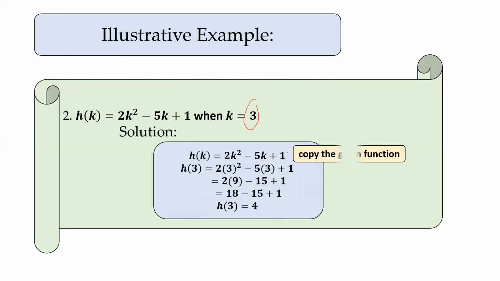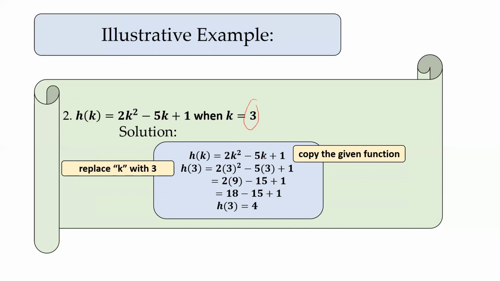Let's copy first the given function: h of k is equal to 2k squared minus 5k plus 1. Then we will replace the k with 3. That would become h of 3 is equal to 2 times 3 squared minus 5 times 3 plus 1.